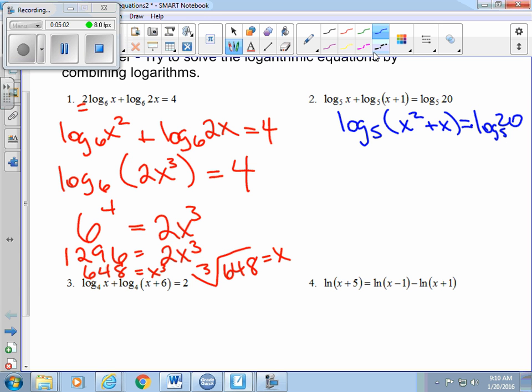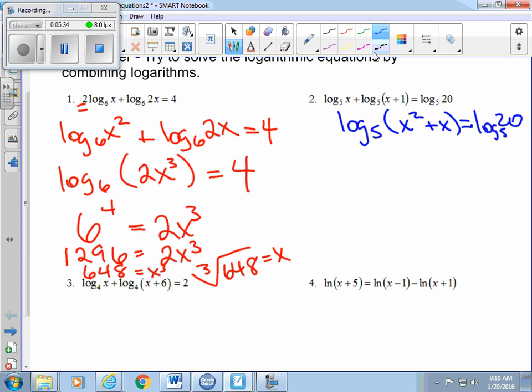You have a note card. Look at it real quick. Logarithm equals a logarithm. What do I do? Ignore the logarithms.